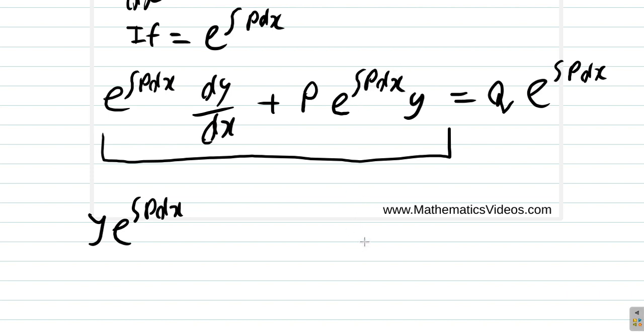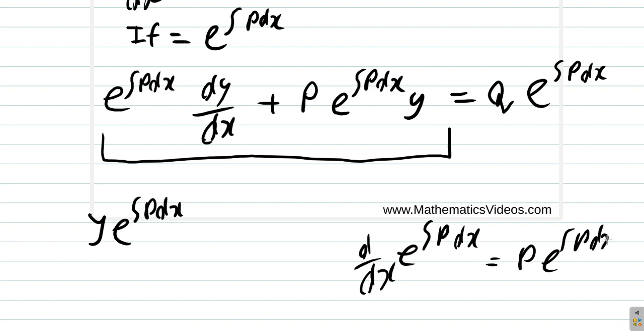Now, if you use the chain rule, you'll find that the derivative with respect to x of e to the integral of p dx is going to be p e to the integral of p dx. Alright? You can try doing that using the chain rule. Let u be equal to the integral of p dx. And then you will see how it works out. Right? With the chain rule.